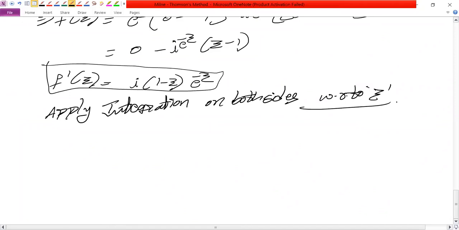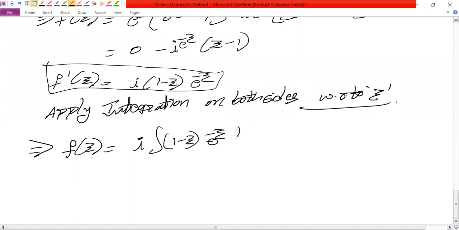Then when we apply integration with respect to the z variable, the left-hand side becomes simply f of z equals i into the integration of (1 minus z) into e power minus z into dz. Better I'll write integration of f dash of z into dz, because of the first problem.